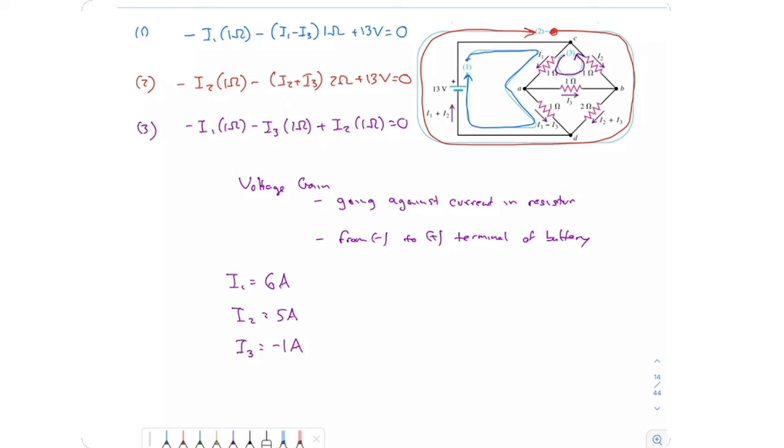And so if I'm asked what is the current everywhere in the circuit, I know I1, I know I2. I3 was negative, which means it doesn't go left to right. It actually goes right to left.